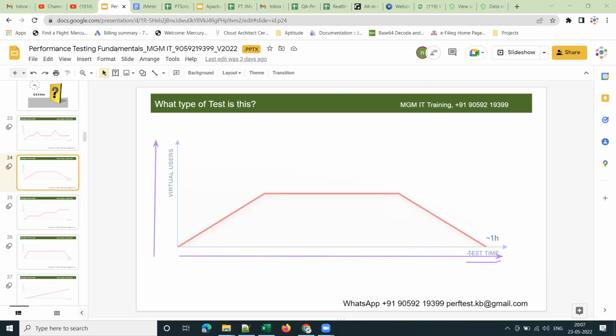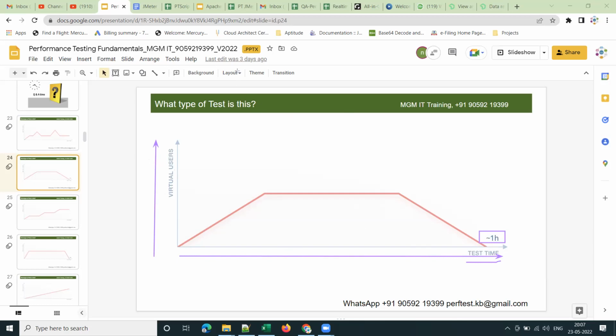In this graph, test duration is represented on the x-axis and virtual user load on the y-axis. The duration is mentioned here as 1 hour. The tilde symbol represents approximately 1 hour.